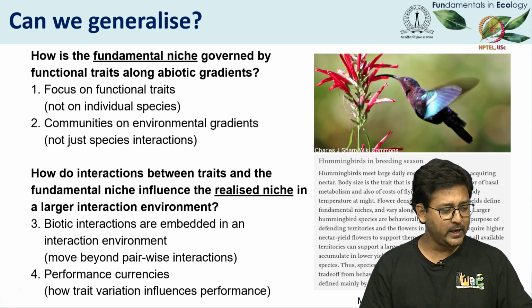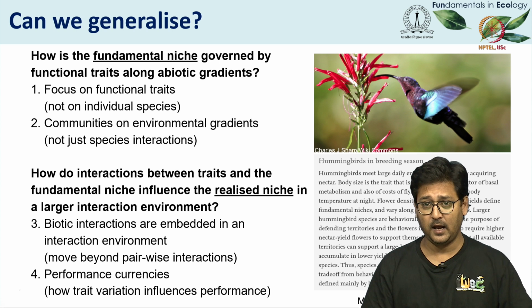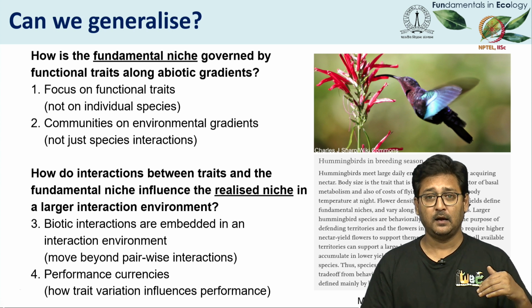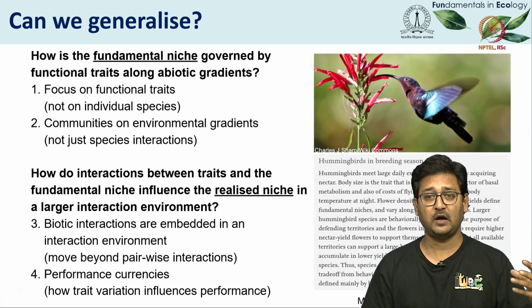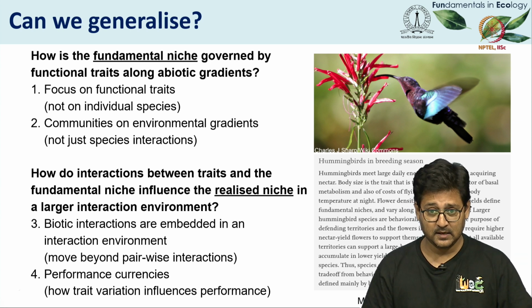And now that we're looking at the distribution of resources, and we're looking at the distribution of body sizes, we're able to predict at low elevations, if you have high flower densities and high flower resource, the hummingbird community should look like this based on the body size distributions of those hummingbirds.